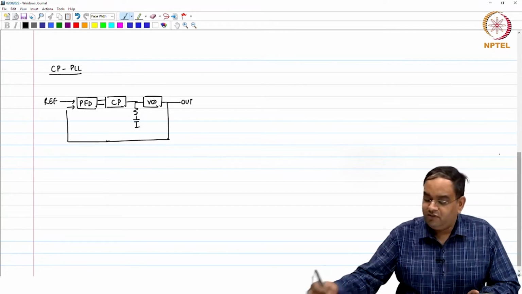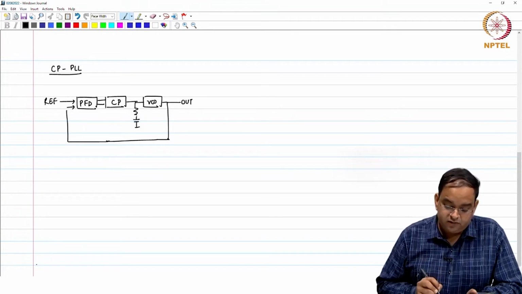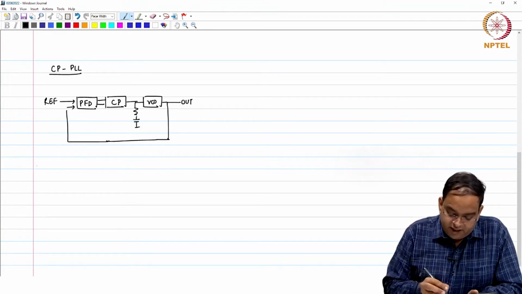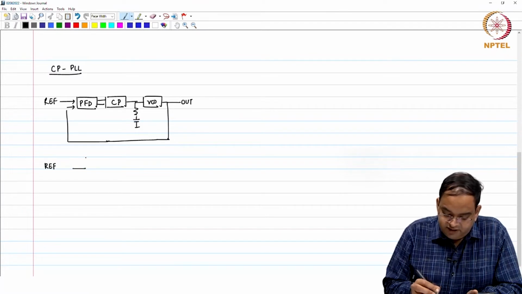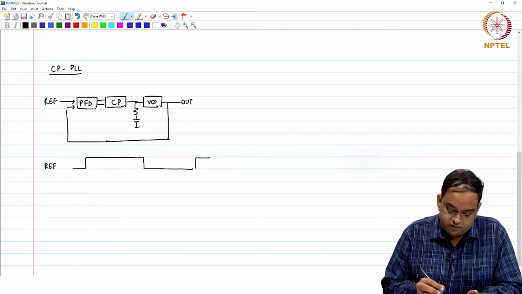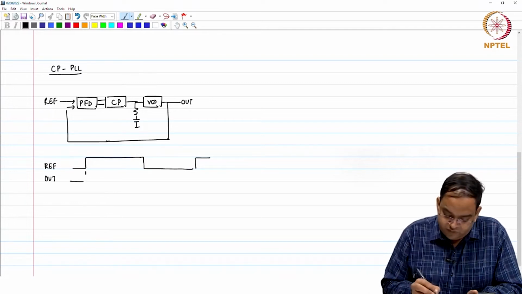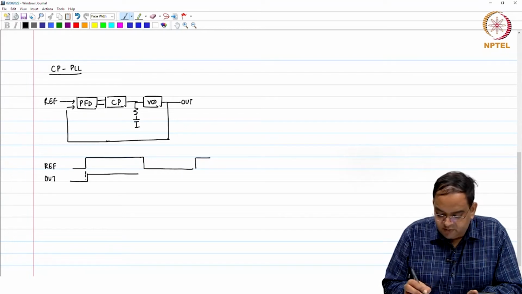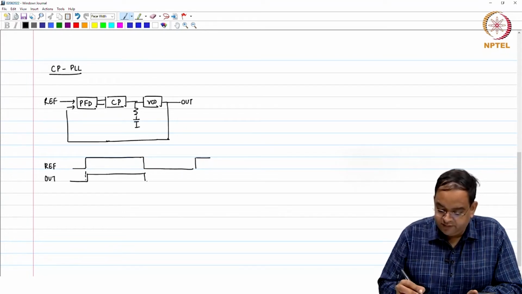Now, given the reference and the output signal for the PFD, what happens is that when your reference signal comes very close to your out signal, the phase error may be much lesser, but is still there.